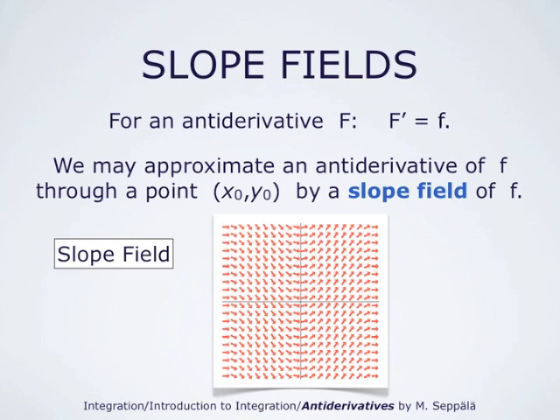And these little arrows form the slope field of the function F. Just in a moment, I go through the steps of figuring out the slope field for some given function, and in that process you will see how the slope fields are formed.